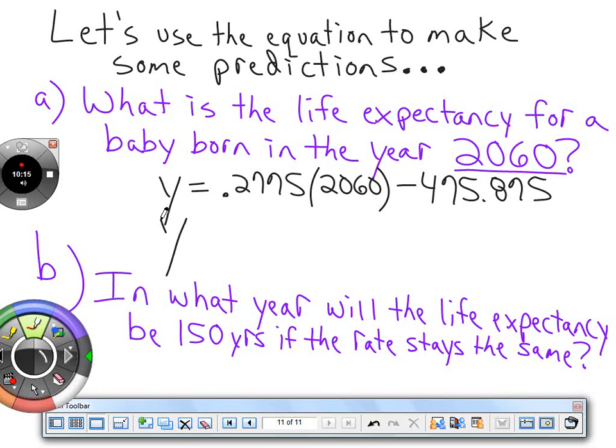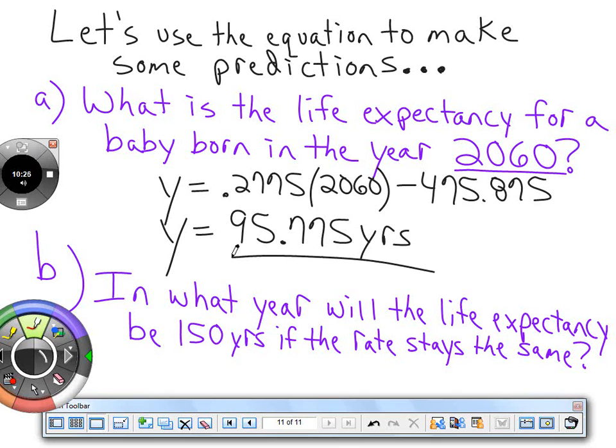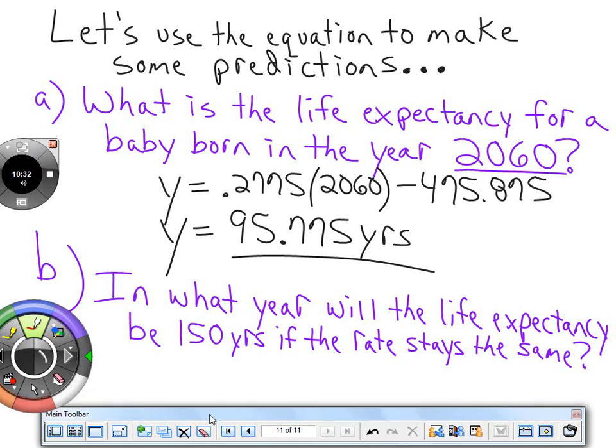So y will equal, do the math there, 95.775 years. So approximately 95, 96 years is how long someone is expected to live if they were born in that year.